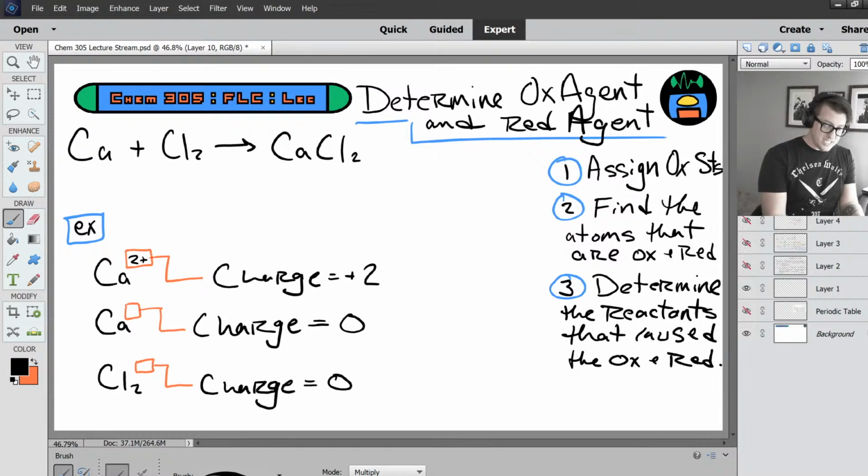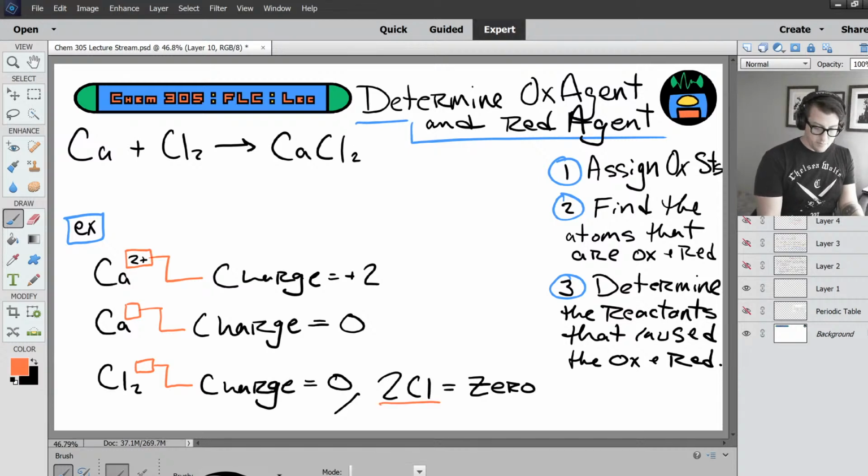Our charge is 0, so that means 2 times the oxidation state of chlorine has to equal our total charge, which is 0. And when you divide both sides by 2, we find that in the molecule Cl2, chlorine has an oxidation state of 0.